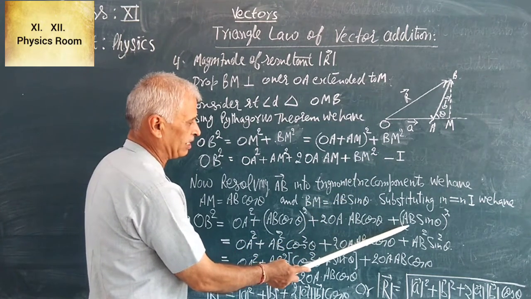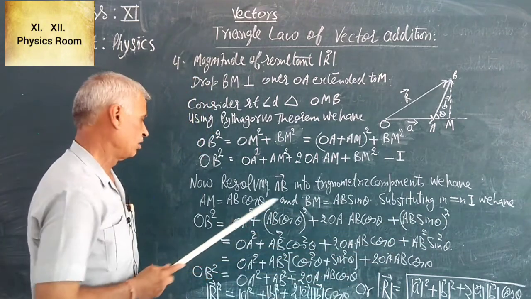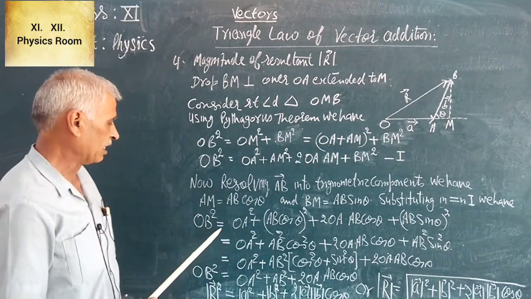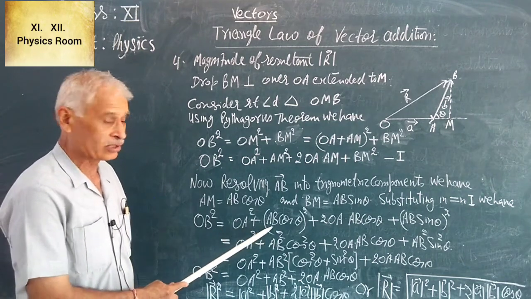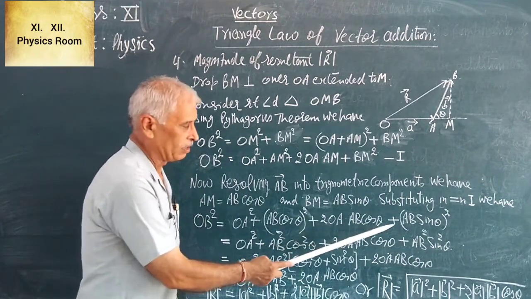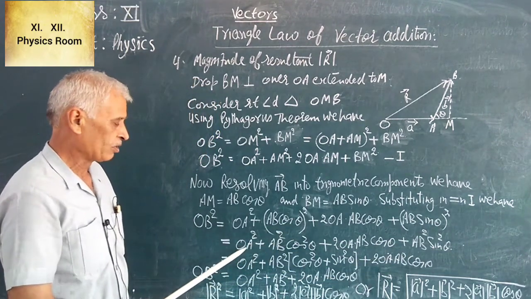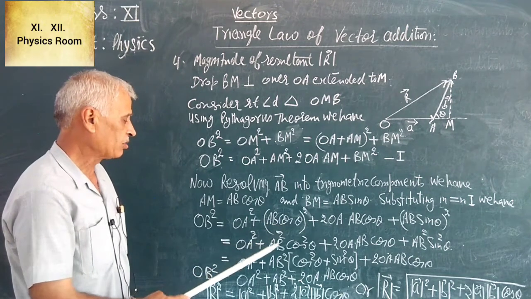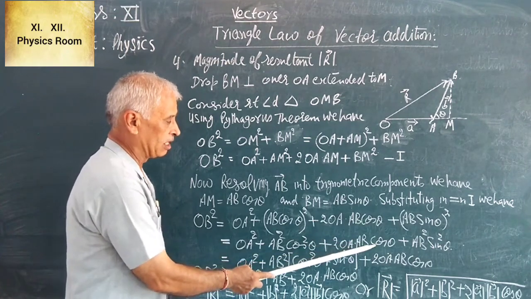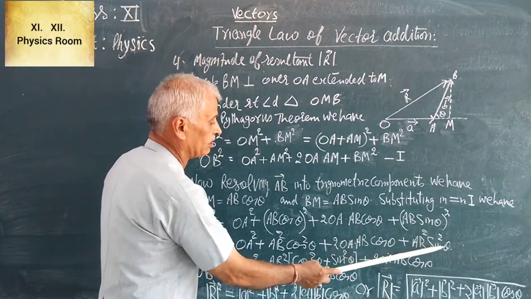So in place of BM we write AB sin theta whole square. And we write this equation as OA square plus AB square cos square theta plus 2 OA AB cos theta plus AB square sin square theta.